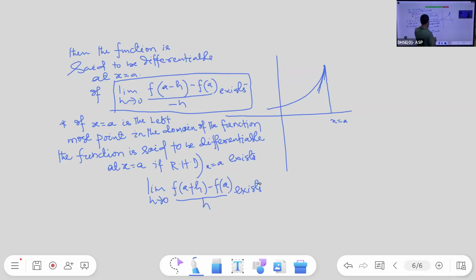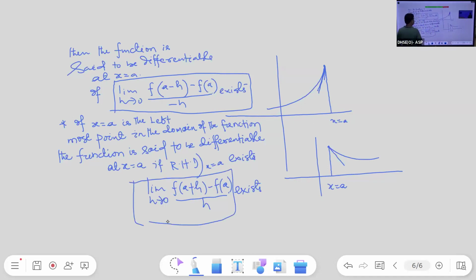Okay. x is equal to a is the leftmost point. So right tangent exists or not? Right tangent exists means this value exists. Limit h tending to 0 f of a plus h minus f of a upon h exists.